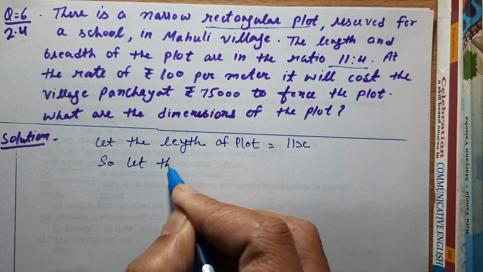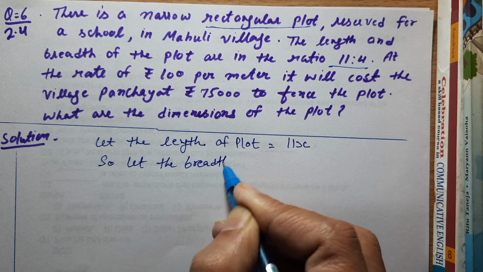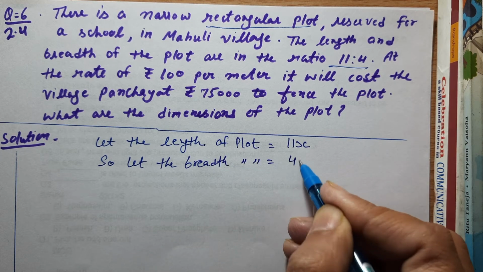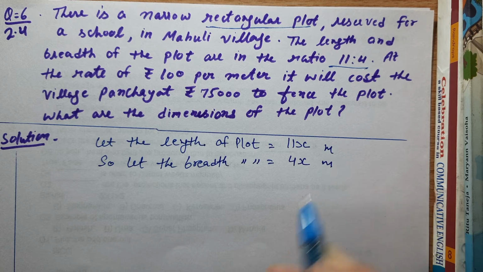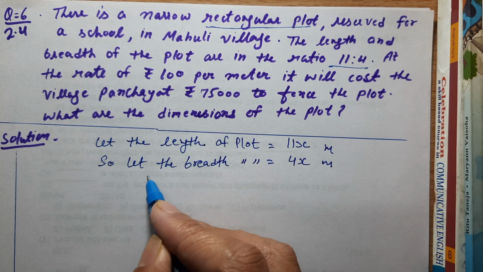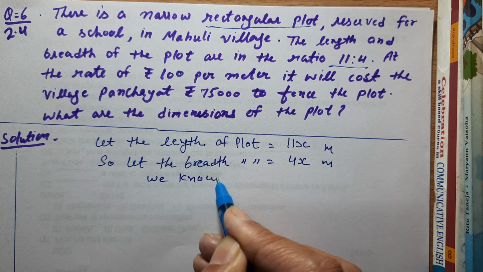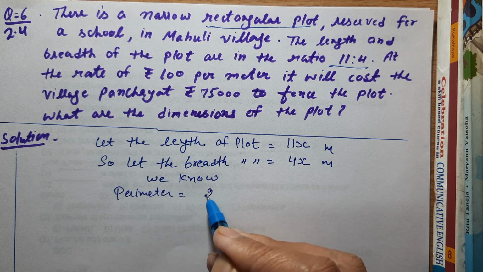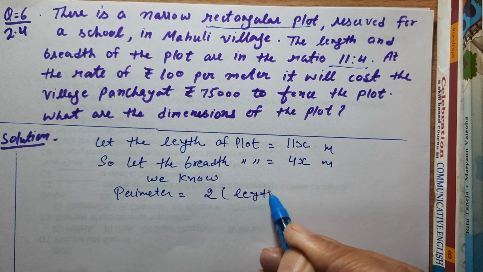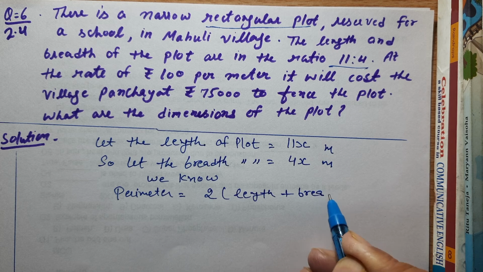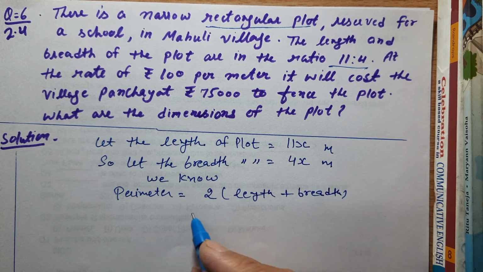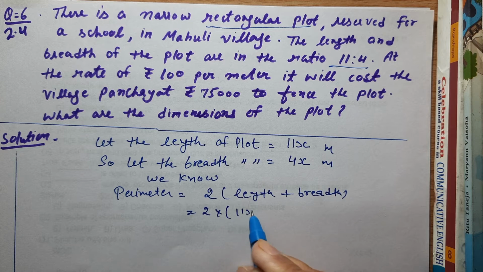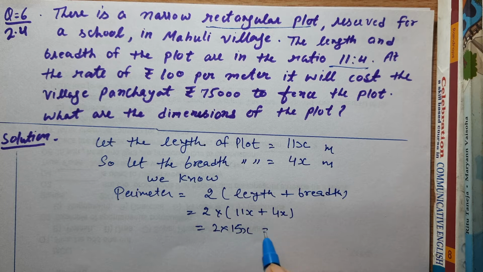Let the breadth of the plot be 4x units, and here the unit is meter. We know the perimeter of a rectangular plot is twice length plus breadth. Put the formula: 2 into 11x plus 4x, 15x, that is equal to 30x, and the unit is meter.